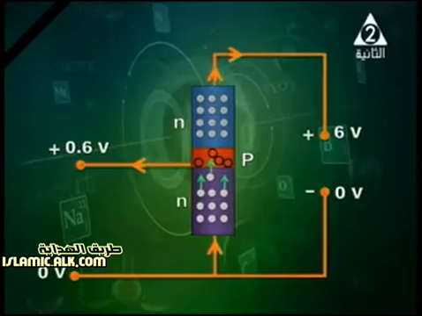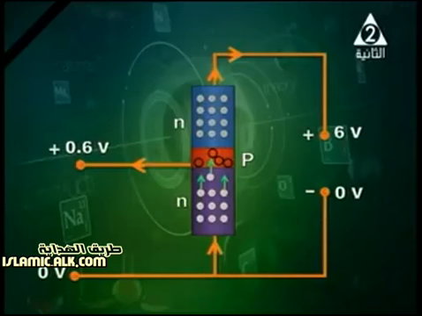So your attention, please. The base, in this case, in the NPN type, should be connected to a positive potential, at least 0.6 or 0.7 volt. In this case, electrons will flow from the emitter to the collector.